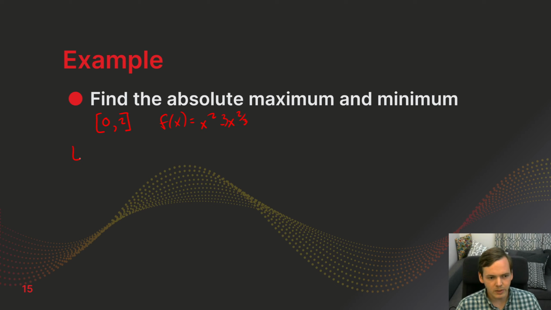So we'll check the endpoints first, just because that doesn't involve taking a derivative. f of 0 equals 0. f of 2 equals 4 minus 3 times 2 to the 2/3. And if you plug that into a calculator, you get about -0.762. So then let's check the critical points.